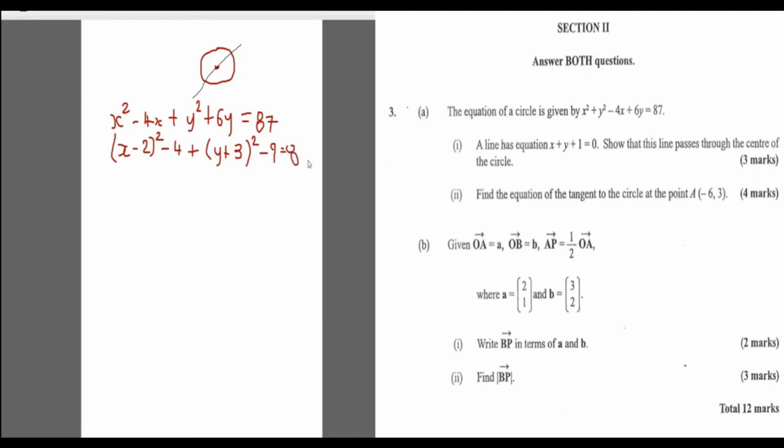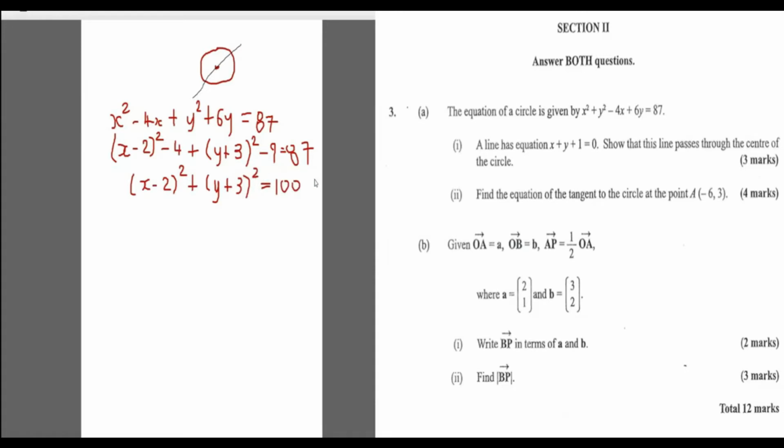Now, as you can clearly see, the equation of the circle in standard form is actually x minus 2 all squared plus y plus 3 all squared equals 100, because minus 4 minus 9 is minus 13, and when we bring over minus 13, that's equal to 100.